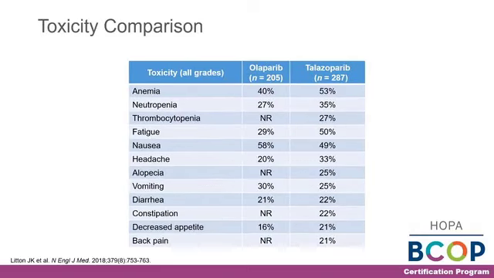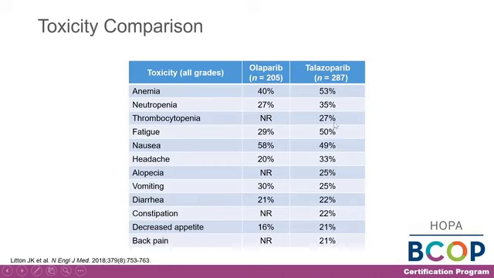One of the common questions that comes up clinically is, well, what's the difference between these two drugs? The FDA approved both of these drugs for use in this setting with BRCA mutated metastatic breast cancer that's HER2 negative and ER/PR positive or negative. But what is the toxicity difference? So this chart, I've outlined the toxicity, all grades of both of the drugs. And you can see here that talazoparib did cause more anemia as well as neutropenia.